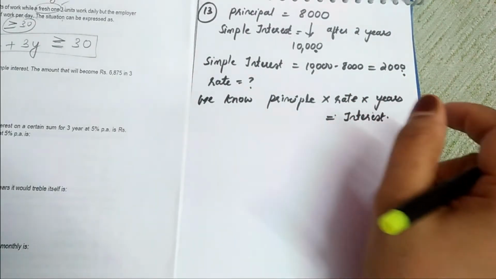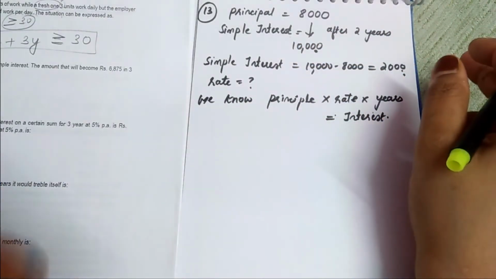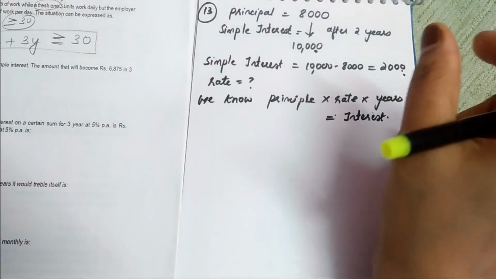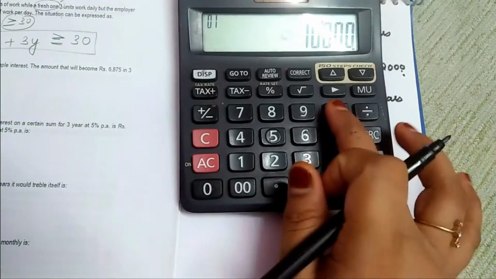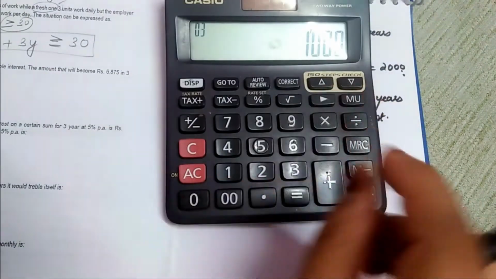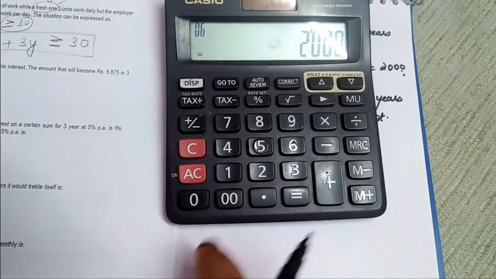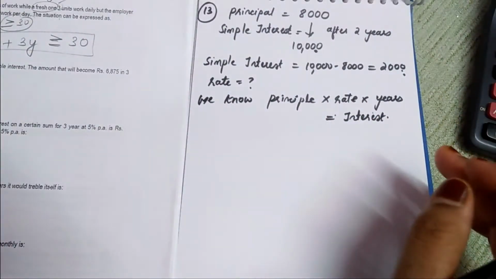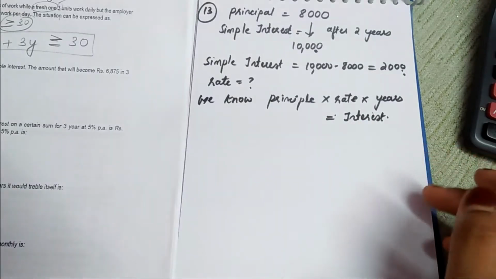You take, say, 10,000 rupees at the current market rate of 10%. On 10,000, 10% is 1,000. But that 10% is only for 1 year. If I'm doing it for 2 years, it becomes 2,000, and so on. So that's very simple. You don't need to mug up the formula as such. You just need to apply your logic.